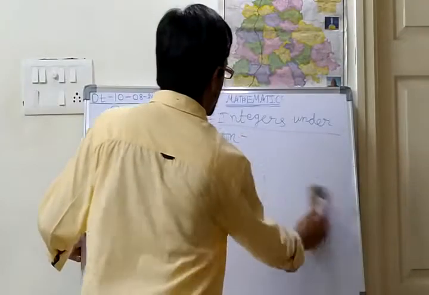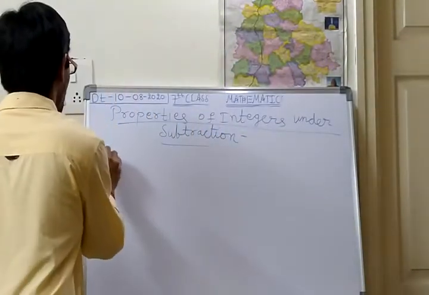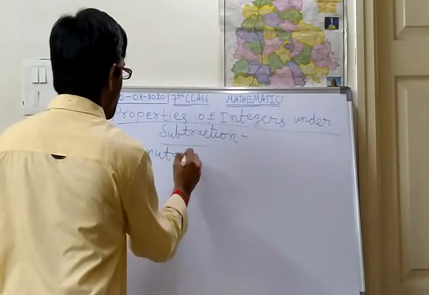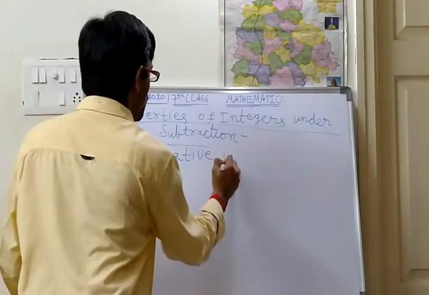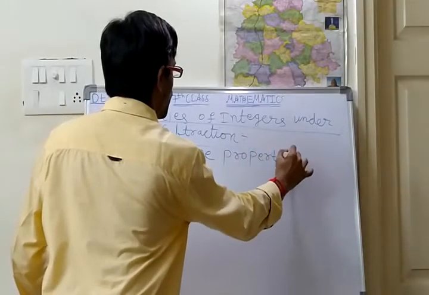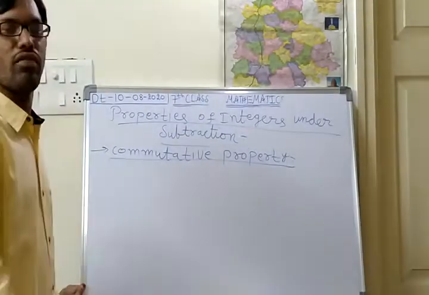Suppose if you see about commutative property. So what is commutative property? What is the structure of commutative property?